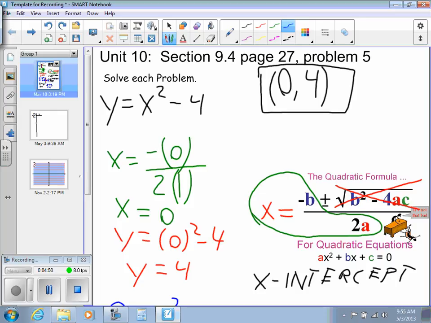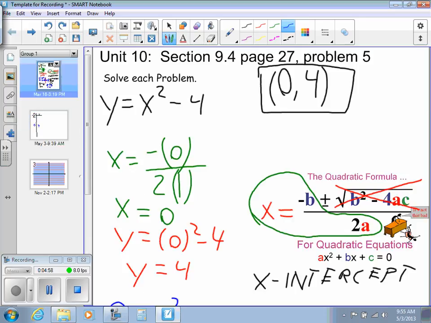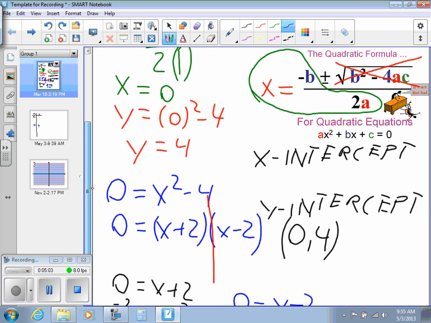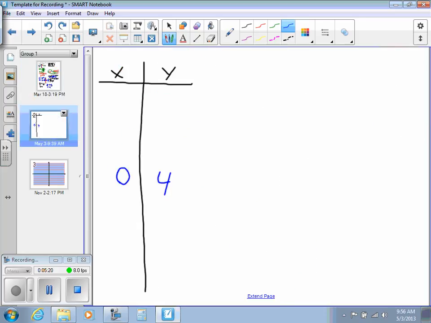So our vertex is 0, 4. Let's put that in. And I need to put in here, my x-intercepts are at 0, -2, and 0, +2. And we need to put those into the t-chart now.